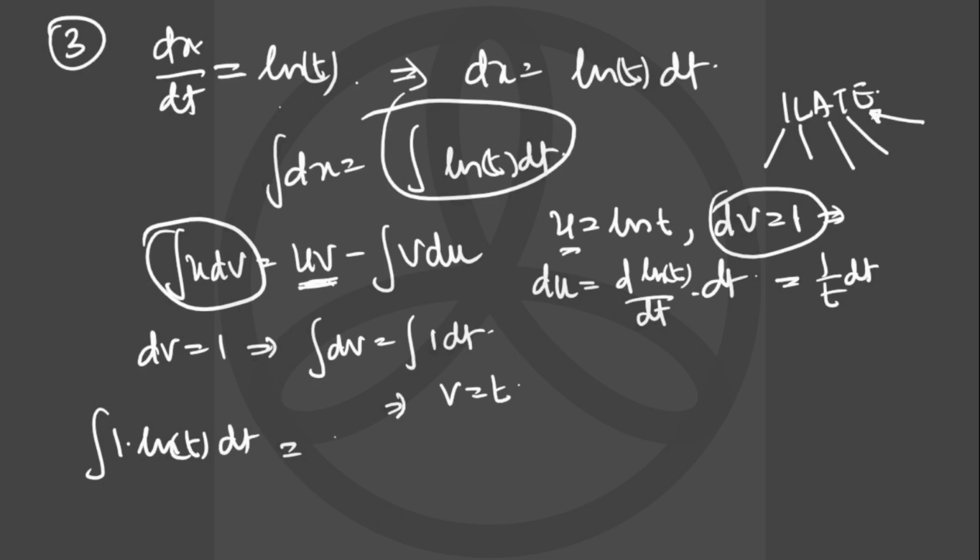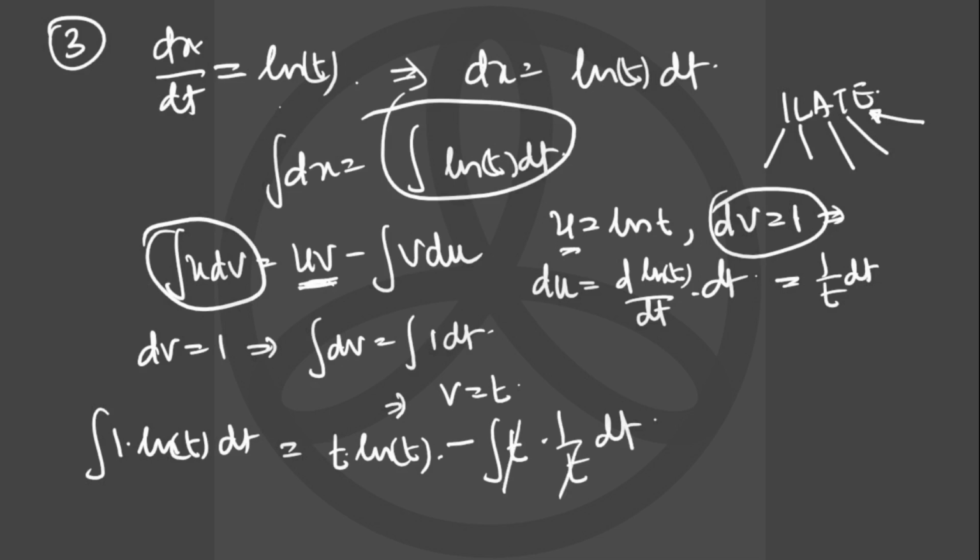So we will have t ln t. Instead of writing uv, I have written vu for avoiding confusion later on. So we will have t ln t here and minus of integral of v du. V is t, and du is 1 oblique t dt.